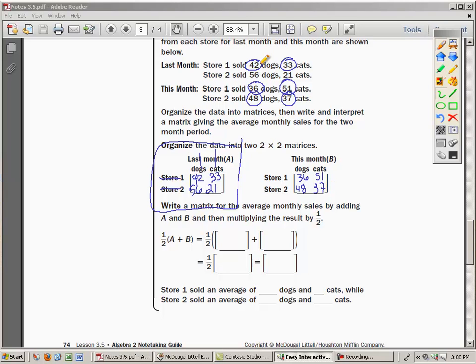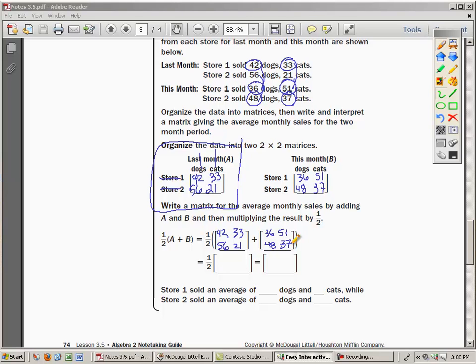We could take the average for store 1 for dogs, the average for cats, the average for dogs, the average for cats, and do that 4 times. We can really do this as a scalar using matrices. So matrix A is 42, 33, 56, and 21. Matrix B is 36, 51, 48, and 37.